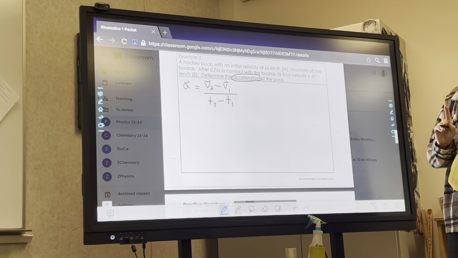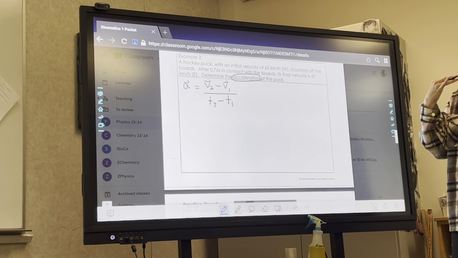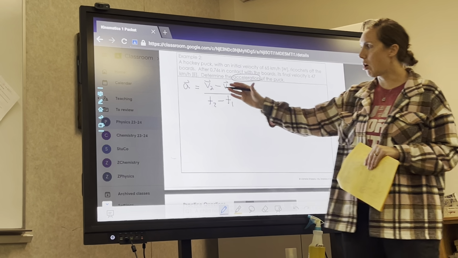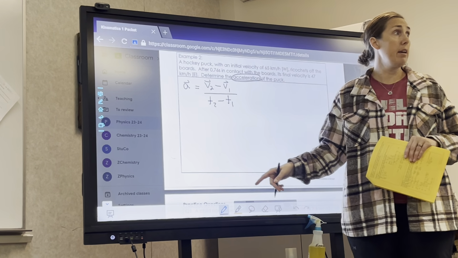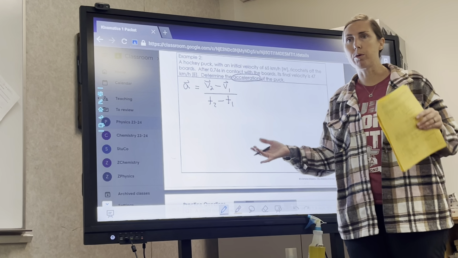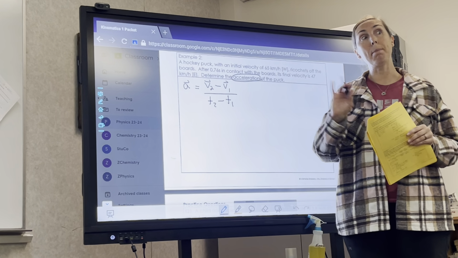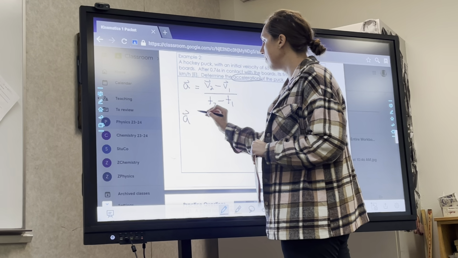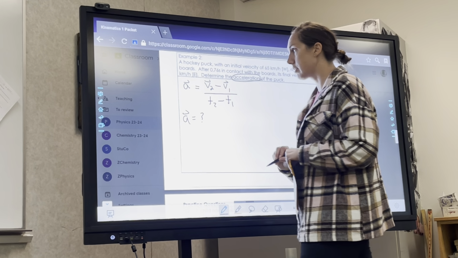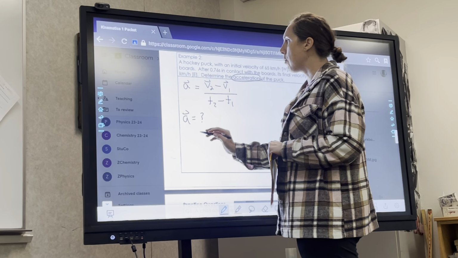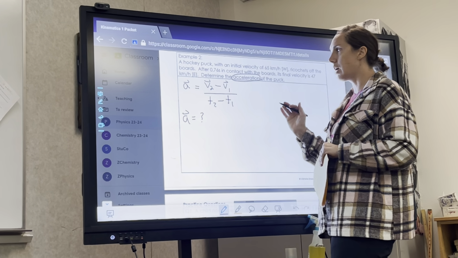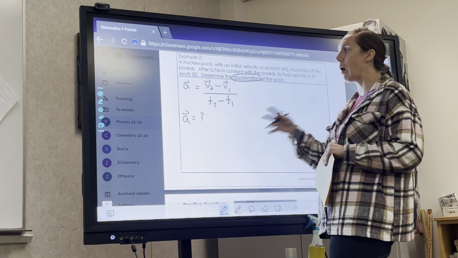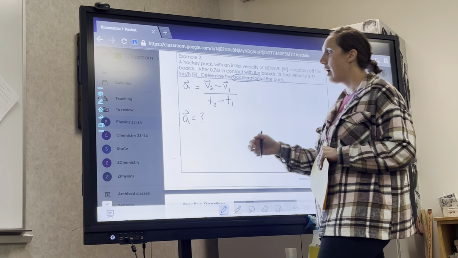So to keep all my numbers straight, I should list all of the variables down this side and ask which one am I missing. That's how I'm gonna plug it all in. I need to figure out my a, so I do not know my acceleration. And then I want to list my velocities and time.